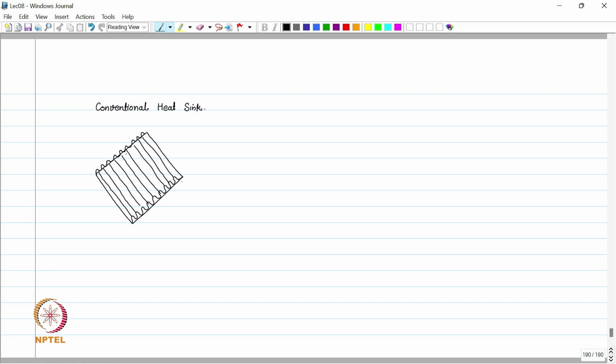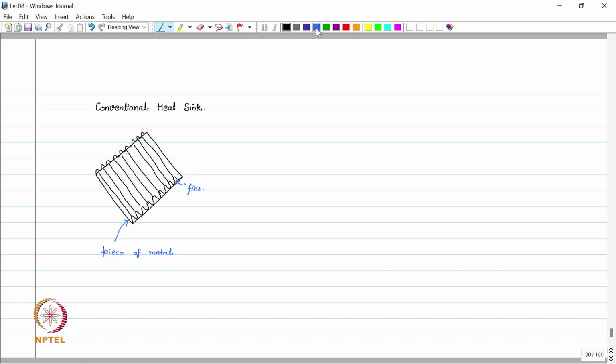So something like this. This is just a piece of metal, and these are fins. So this is a conventional heat sink.